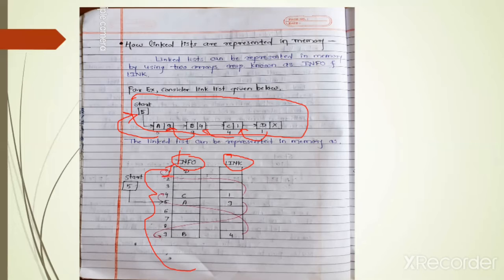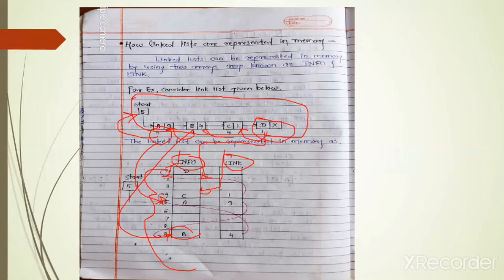Address of D is 1, so D is stored at this location. Address of C is 4, so C is stored here. Address of A is 5, so it's stored here in the 5th memory location. Address of B is 9, so B is stored here at memory location 9.